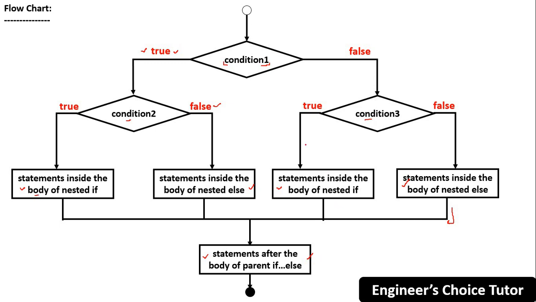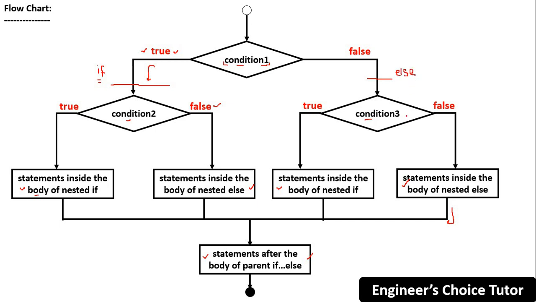Remember this point. Now see, this is condition 1. If it is true, this section here is the nested if-else section, which is present inside the if block. And if condition 1 is false, it should go to the else block.